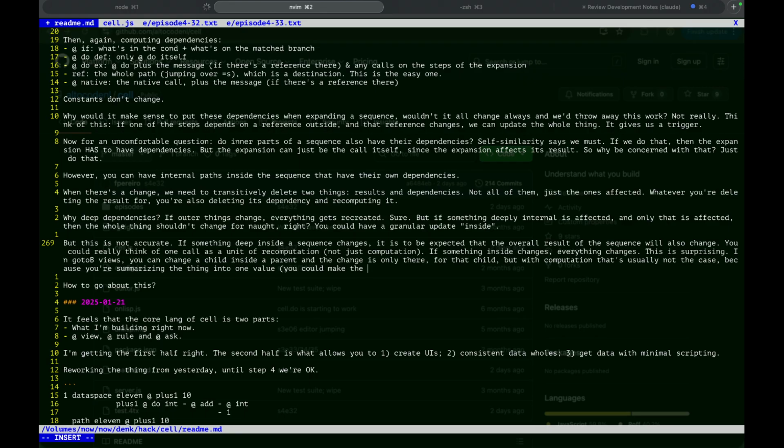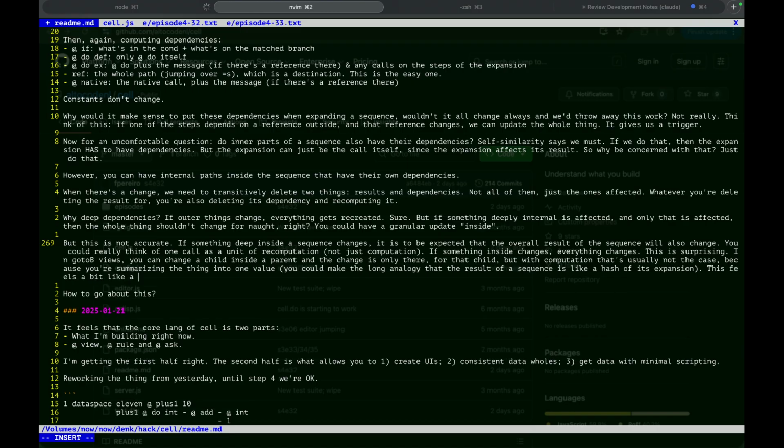You could make the long analogy that the result of a call is like a hash of its expansion sequence. This feels a bit like ascending funarg, but only in that data is flowing up and forcing recomputation.